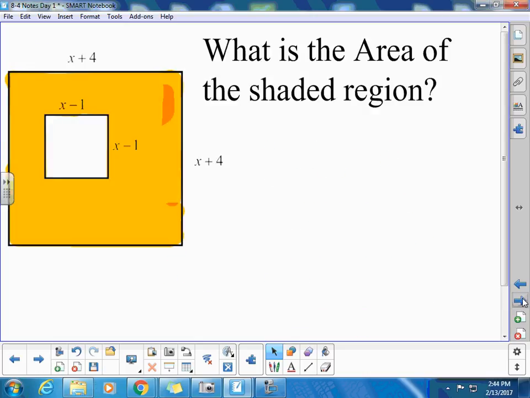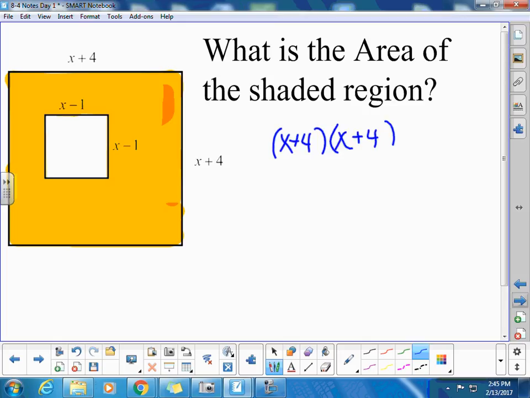So let's do another one, area of the shaded region. Again, the big yellow or orangish, whatever color that would be, is x plus 4 squared if it was all filled in, or x plus 4 times x plus 4. So let's find the big area. And x, so FOIL x squared plus 4x plus 4 more x plus 16.